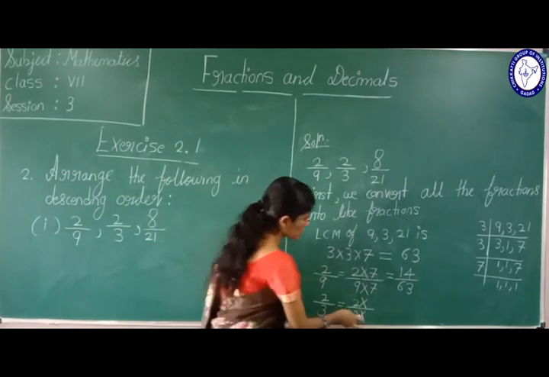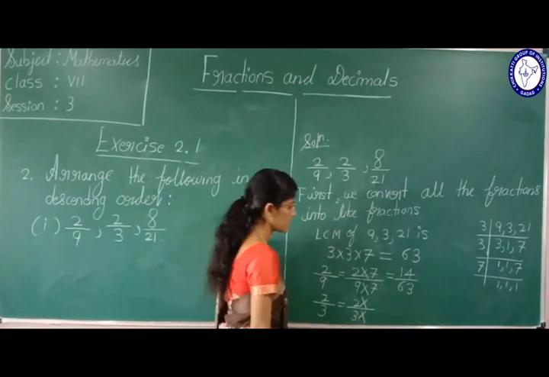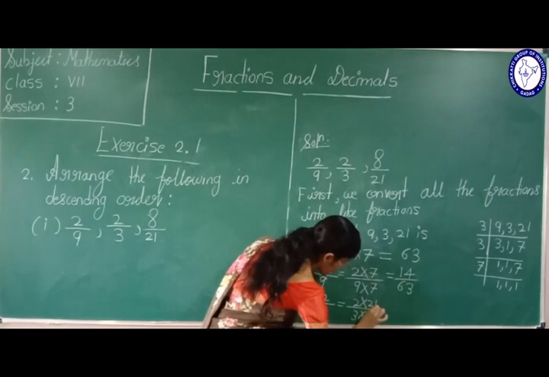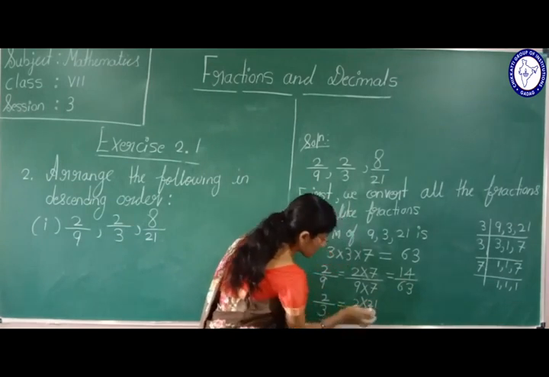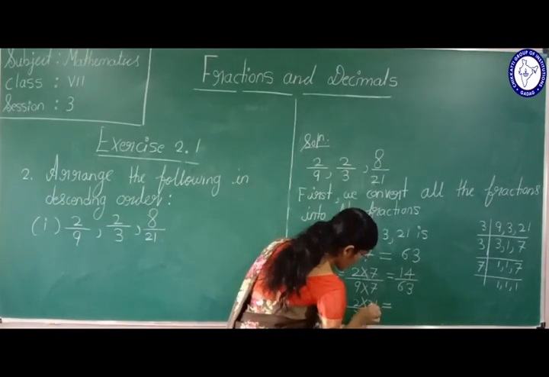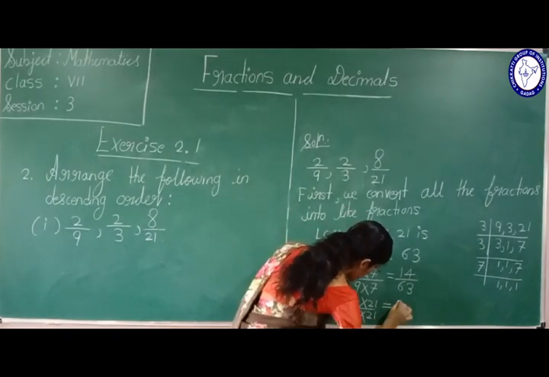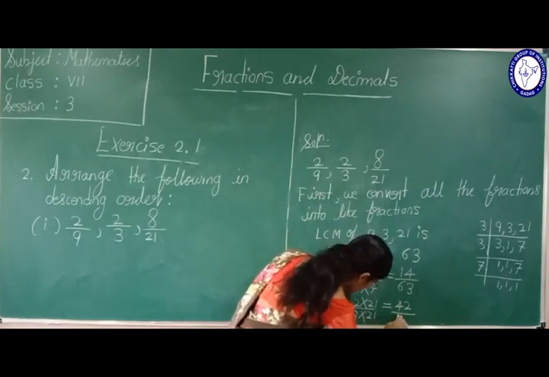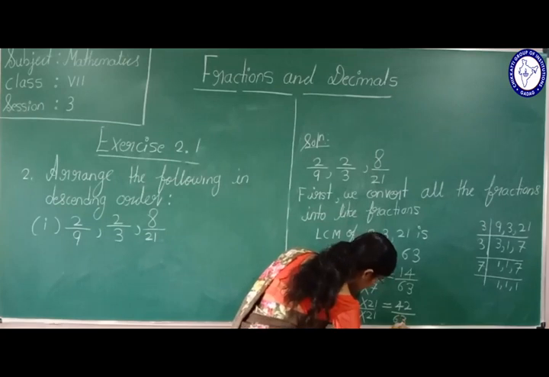Say 3 how much are 63? 3 21s are 63, yes or no? Multiply both numerator and denominator by 21. 2 21s are 42 by 3 into 21, which is 63.